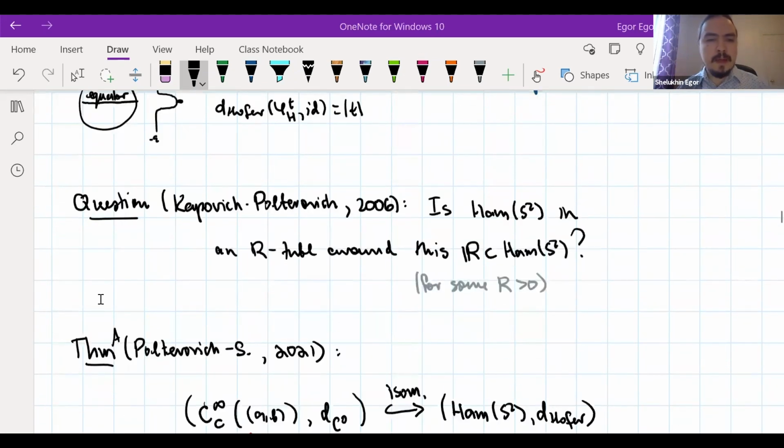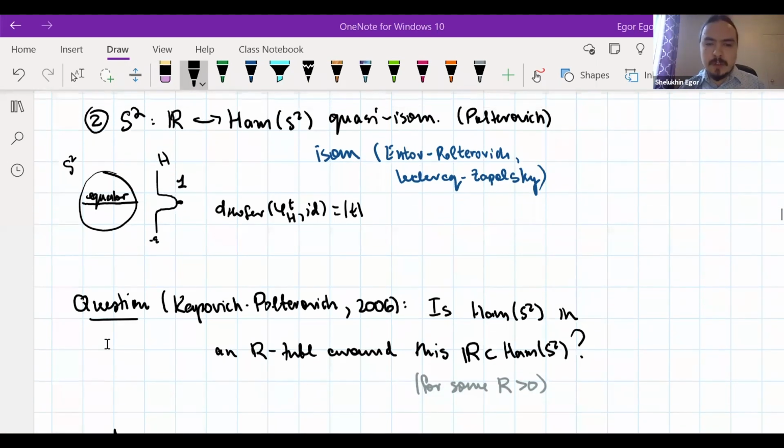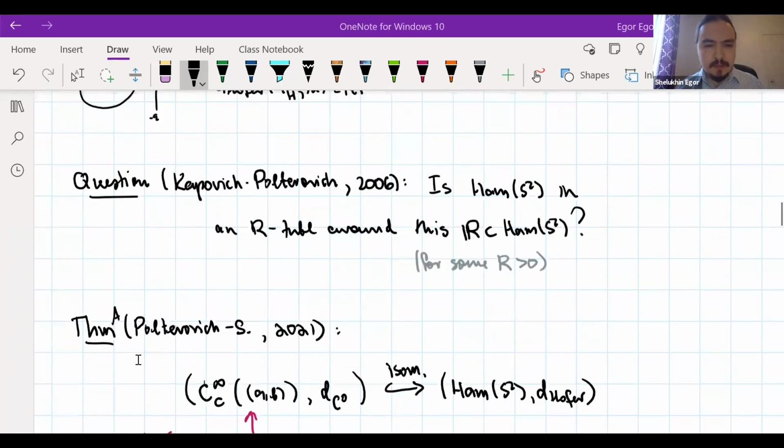And so this has motivated the question of Kapovich and Polterovich from 2006, which asks: is the whole Hamiltonian group contained in an R-tube around this R? So in other words, is it true that Ham of S2 is quasi-isometric to R?